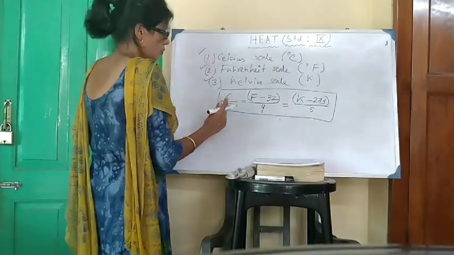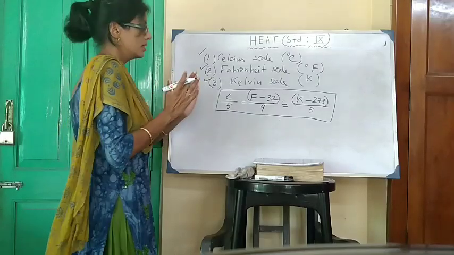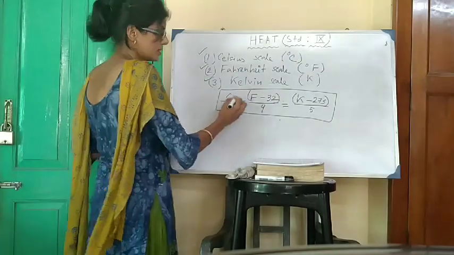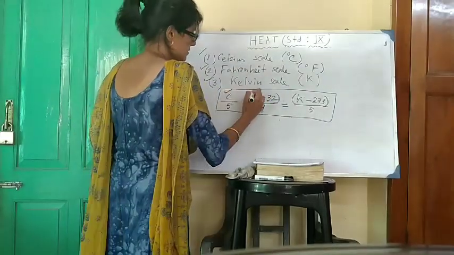Now, what is the relation between the increase in temperature for both the scales, between Celsius and Fahrenheit, or Celsius and Kelvin, or Fahrenheit and Kelvin? Consider Celsius and Fahrenheit.